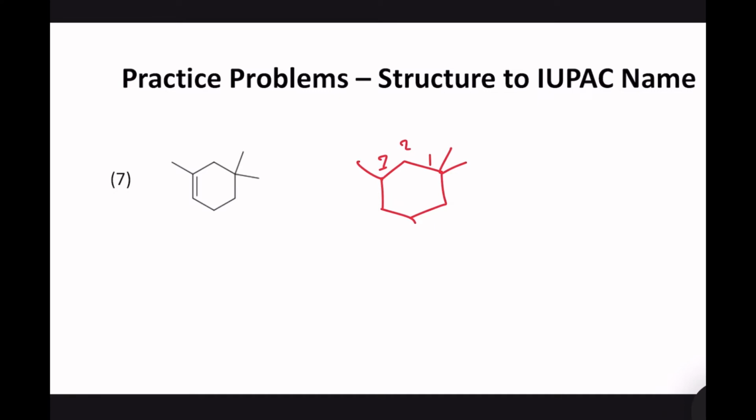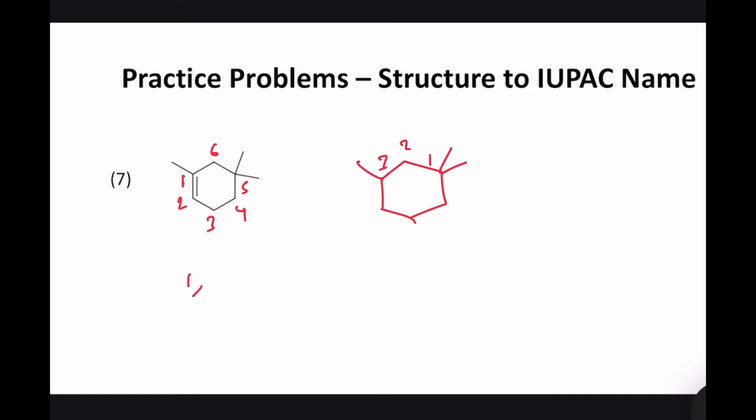But here we cannot do that. Even though 2 methyl groups are there, we must give preference to the double bond and therefore the numbering has to start from here 1, 2, 3, 4, 5, 6. That is the correct way of numbering here.